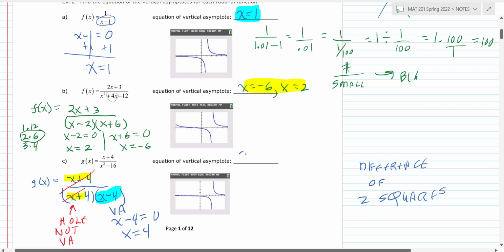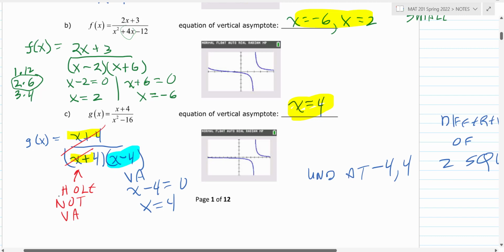And you only have one vertical asymptote on this, even though this function is undefined at 2 places. This function is undefined at negative 4 and 4. Okay, but the negative 4 becomes what we call a hole in the graph, and the x equals 4 is a vertical asymptote.